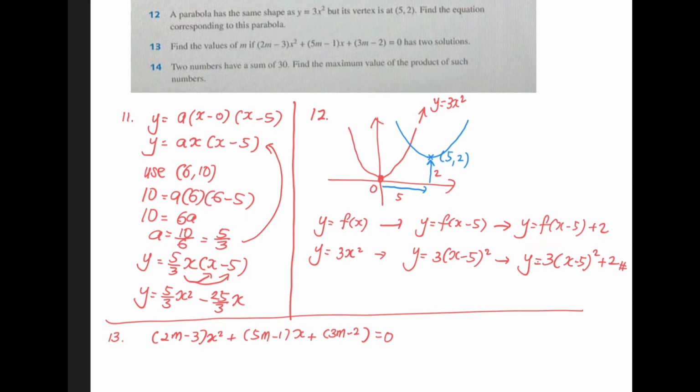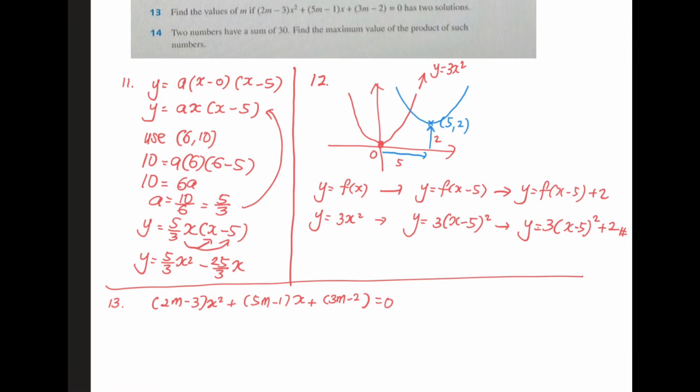Okay, so if it has 2 solutions, that means we have to use a formula which is called the discriminant. So 2 solutions means b squared minus 4ac more than 0.